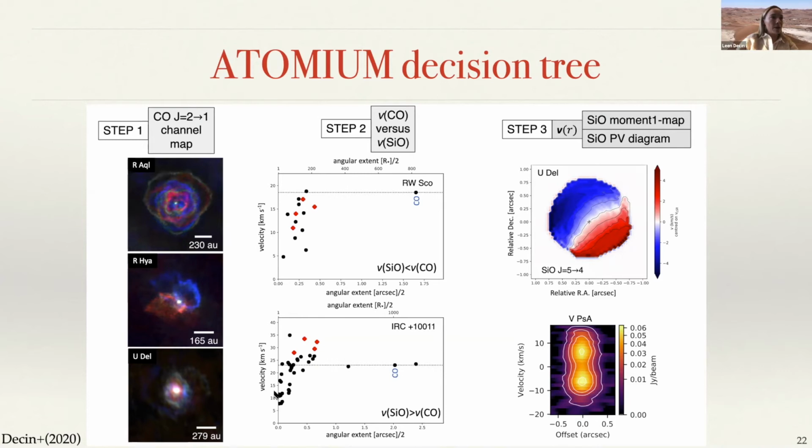But we also see other behaviors. We see targets of which the velocity goes up and then seems to slow down. And in step 3, we have looked at the moment 1 maps and the PV diagrams, with a particular focus on silicon monoxide, since that's a very strong characteristic for the velocity fields quite close to the star itself.